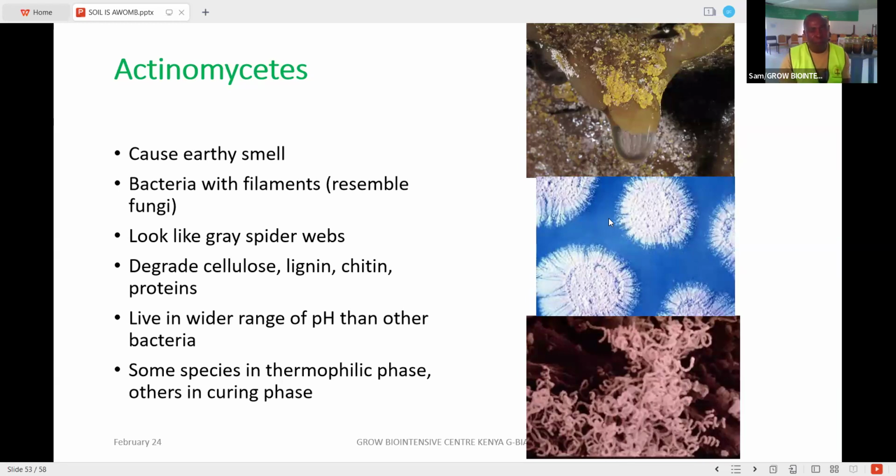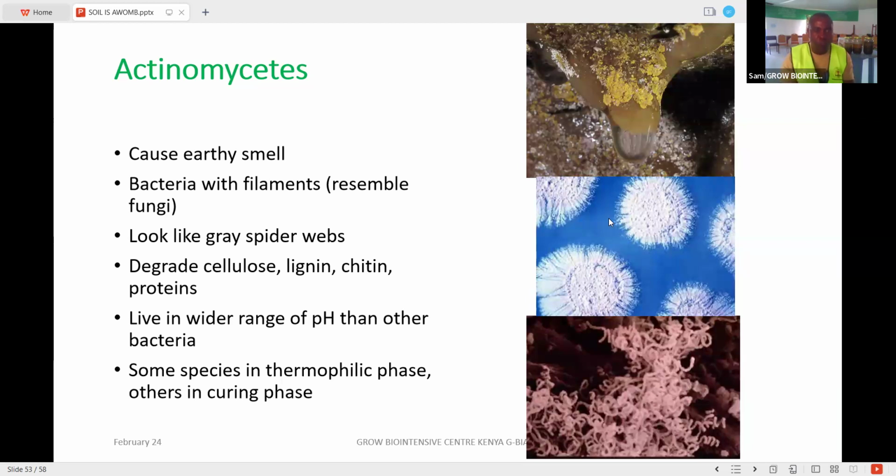Mostly they feast on cellulose, lignin and chitin, the hard bodies of dead insects. It's called chitin.